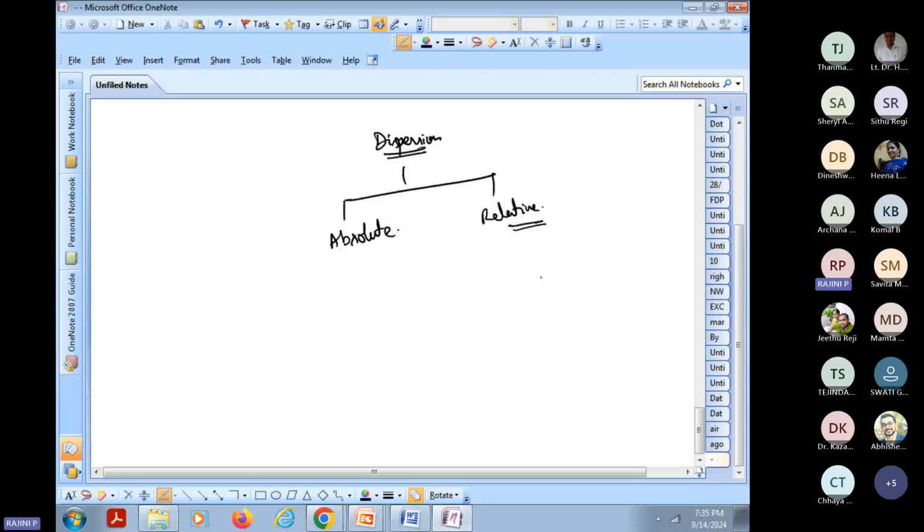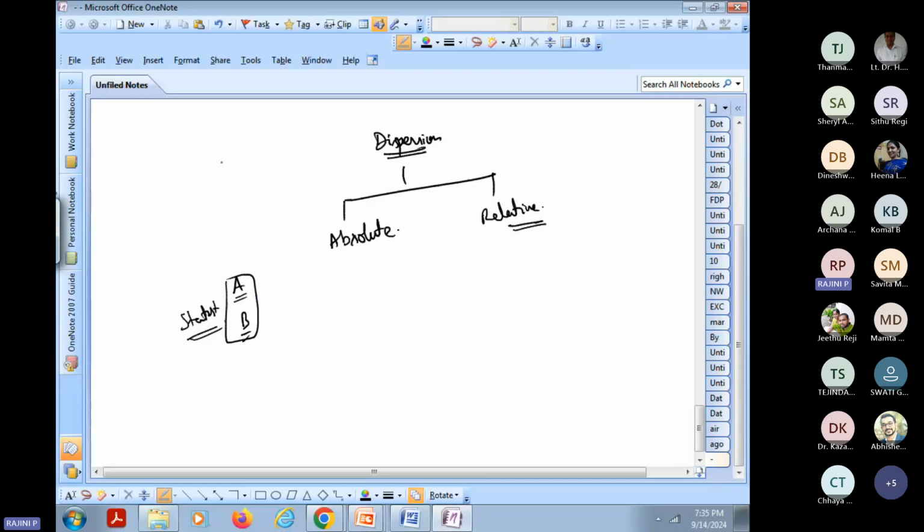For example, I have two sections of a statistics class, section A and section B. Now I want to see which section is better than the other. Here I'm comparing, so for that comparison, which method do we apply? It is the relative measures.